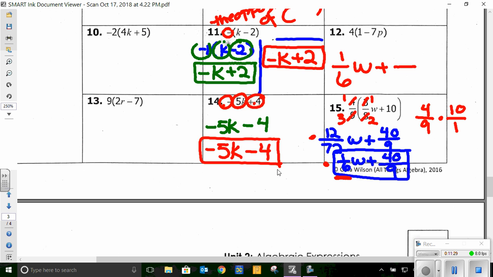Now here, there's nothing I can simplify. 4 and 9 do not share a common factor. 9 and 10 do not share a common factor. 1 doesn't really count. So that's it. So this is where that will stay, the 40 over 9. But this first part might make it a little easier there. So this also, again, is another way to check your work, because both those answers were the same.